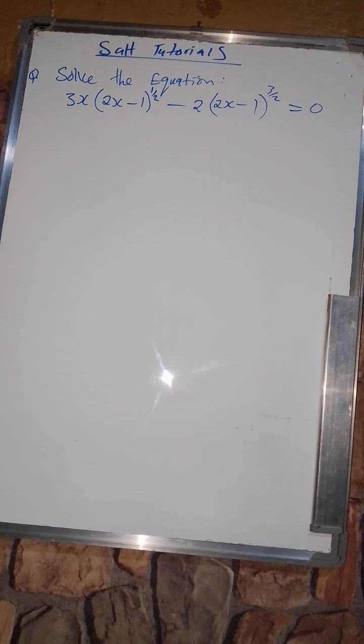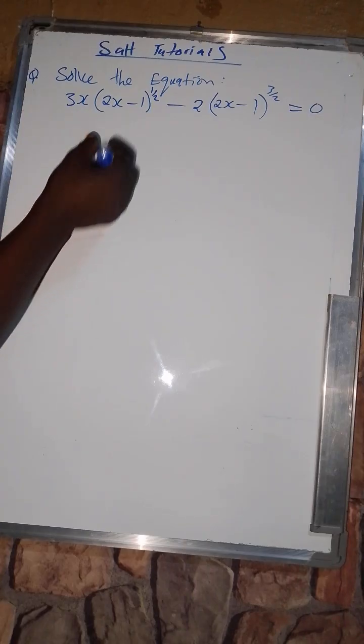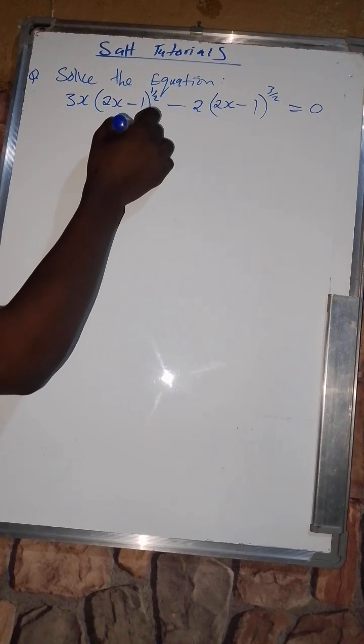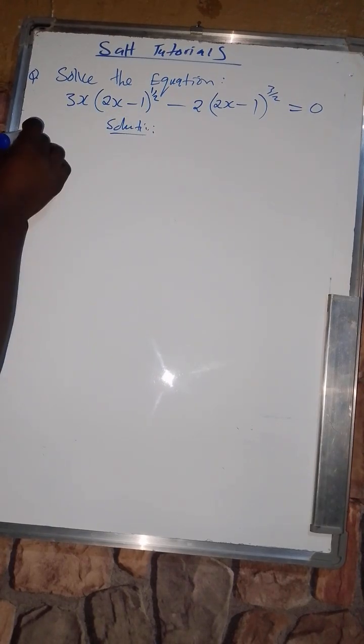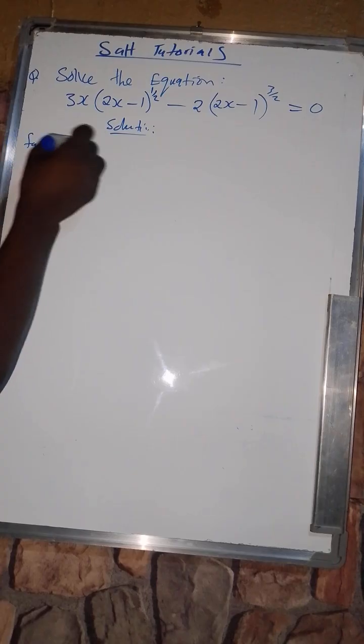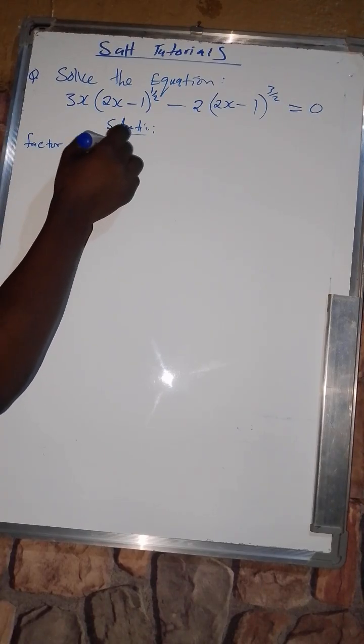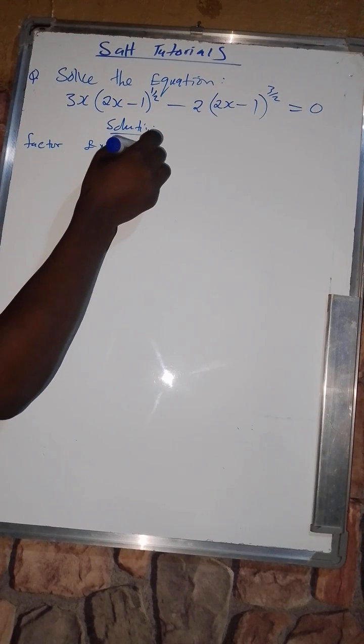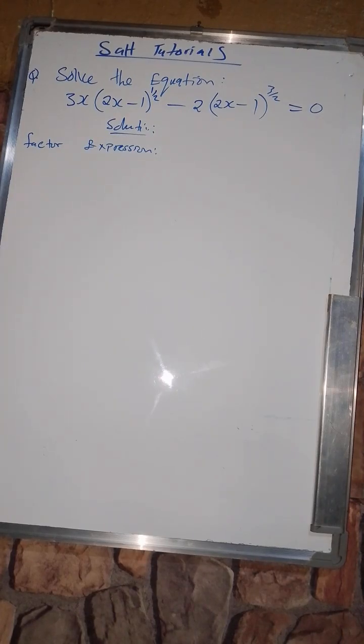So the first step for us to solve the value of x is basically to factor out. So solution: we are going to simply factor the expression first. Remember, under factoring the expression, we look at the common items.